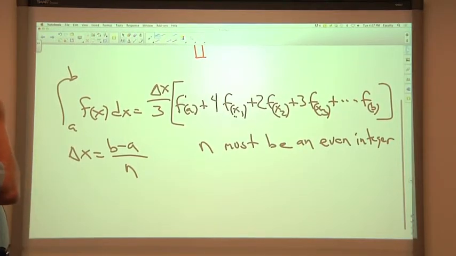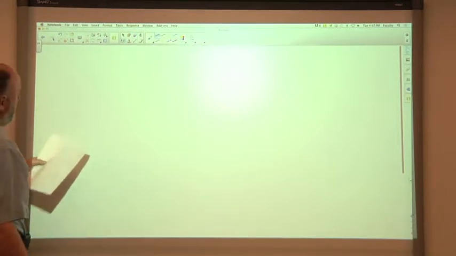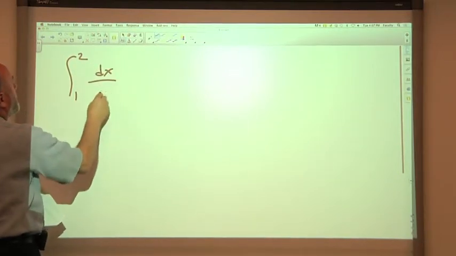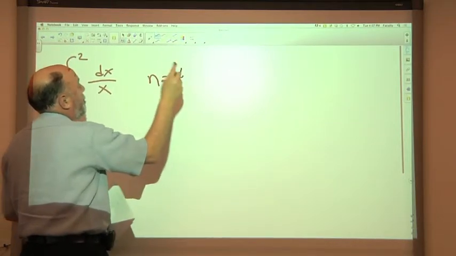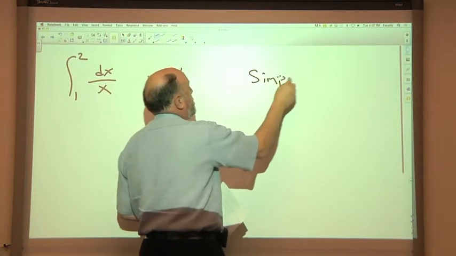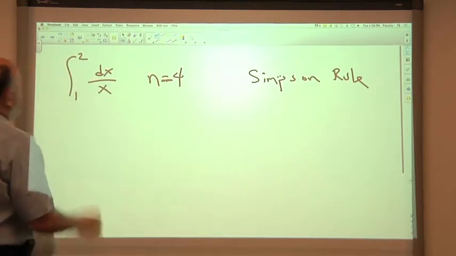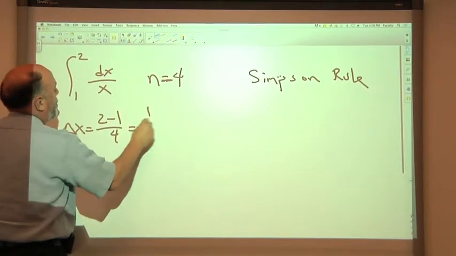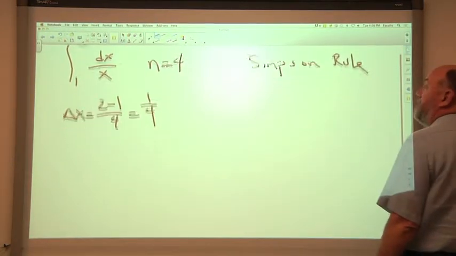All right. So now let's look at the same question we just did, but now look at what happens with this rule. If I do this with Simpson's rule, we have the integral from 1 to 2 of dx over x, n equals 4, and we want to do this by Simpson's rule. So delta x, as we had before, is going to be (2 minus 1) over 4, which is 1/4. We can make our chart.